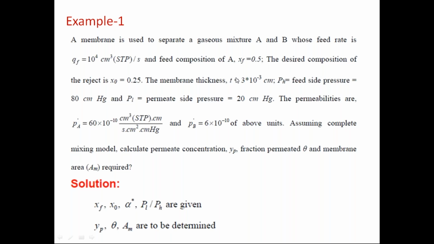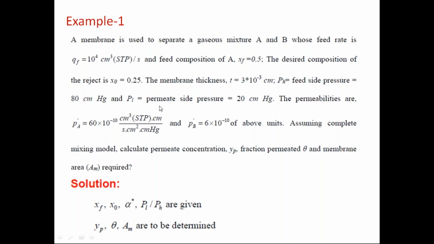The desired composition of the reject is this much, which is desired in the operation. The membrane thickness is 3 into 10 power minus 3 centimeters. The feed side pressure, the high pressure, is 80 centimeters of mercury, and the low pressure permeate side pressure is 20 centimeter Hg.